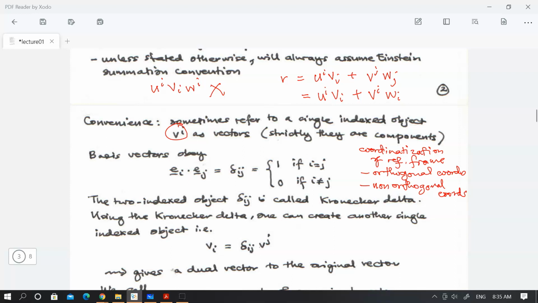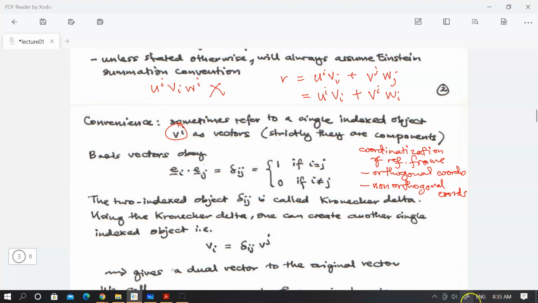This will help simplify a lot because we can introduce a symbol called the Kronecker delta that represents these 1 or 0 cases. This Kronecker delta later on will be a particular geometric object that we're going to mention in a few minutes.